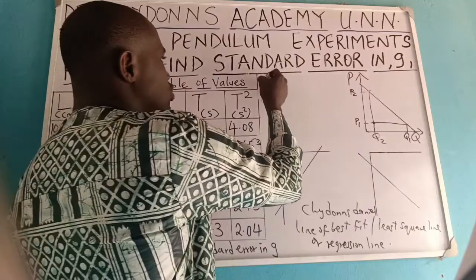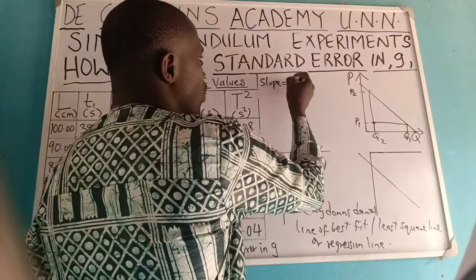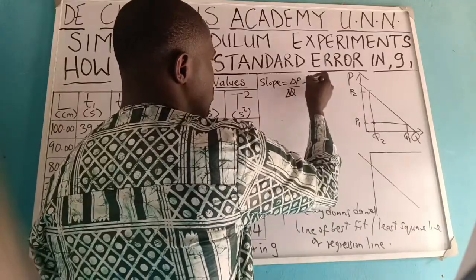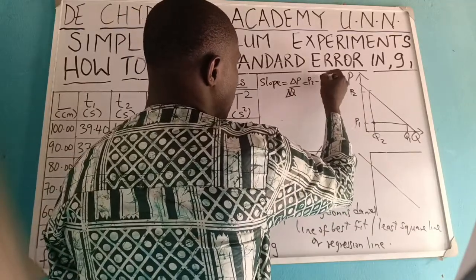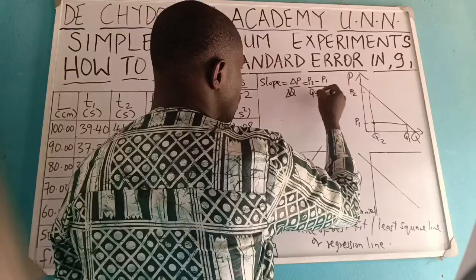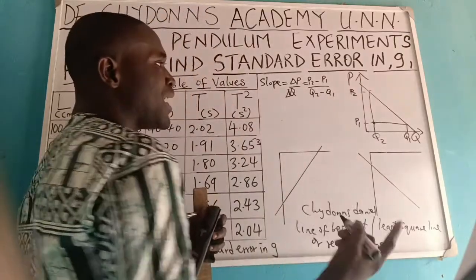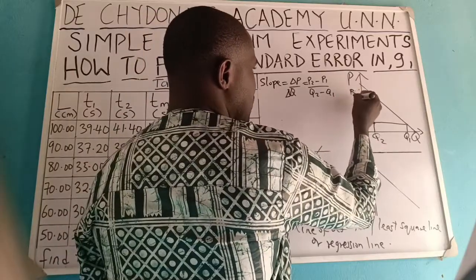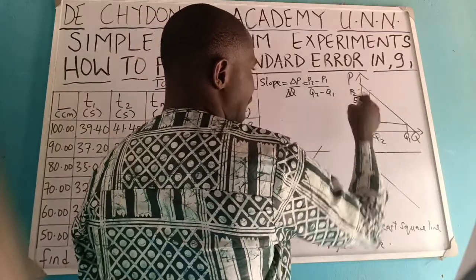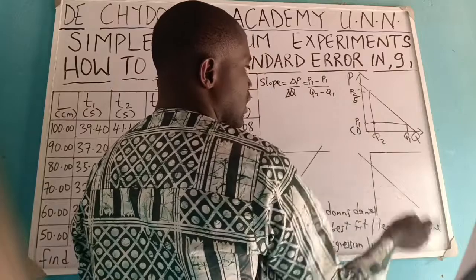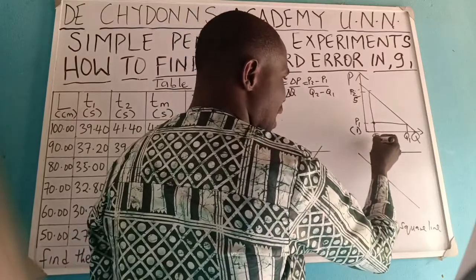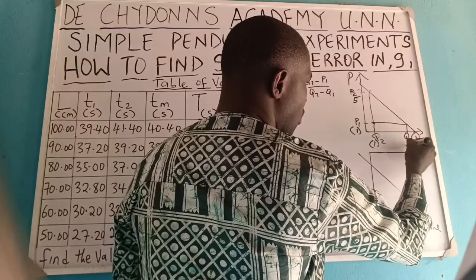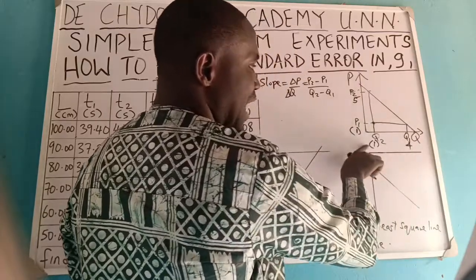You now say that your slope will be equal to change in P over change in Q. Right? What is change in P? P2 minus P1 all over Q2 minus Q1. Automatically, P2 is higher than P1. If P2 is 5 and P1 is 1, and Q2 is about 1, and Q1 is about, let's say, 4, because it must be higher than this.